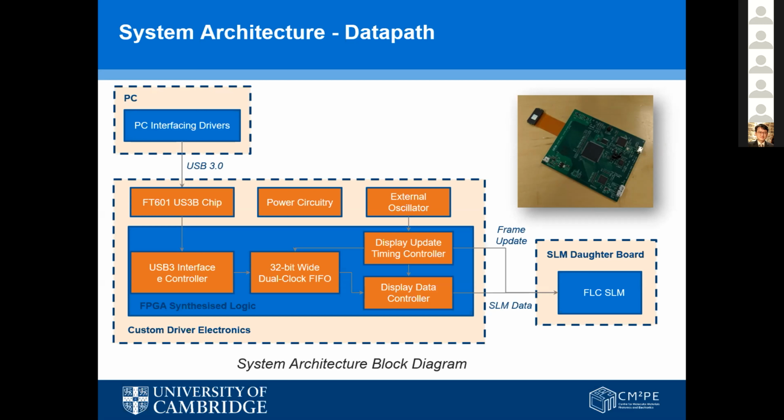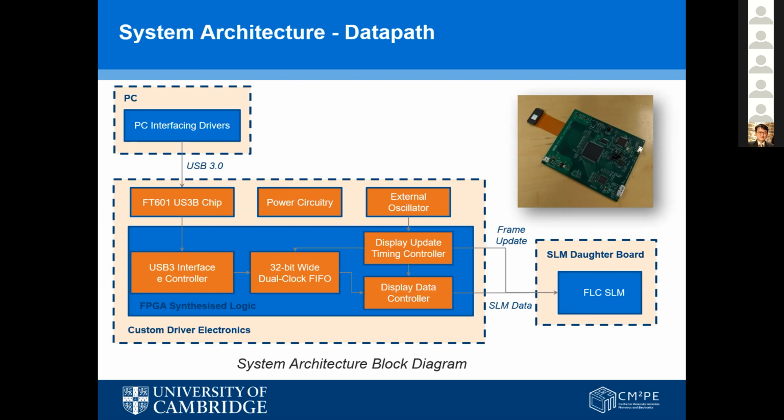The communications between the PC and the custom driver electronics have been implemented using an FT601 chip, FTDI's USB 3 chip. That gives us up to 5 gigabits per second of bandwidth, which is enough to achieve the throughput requirements that we want.